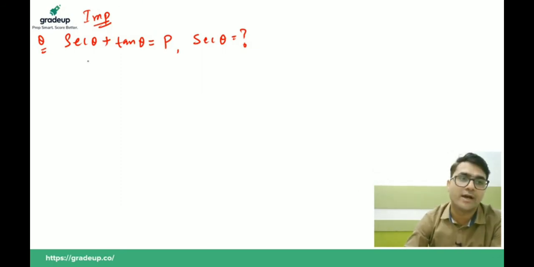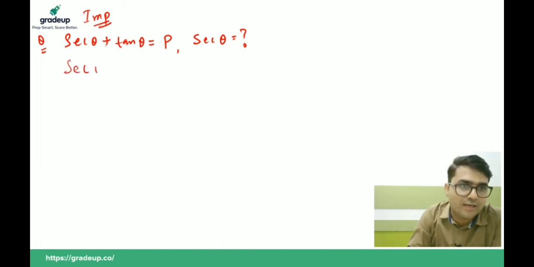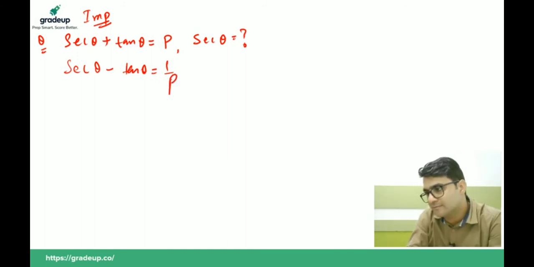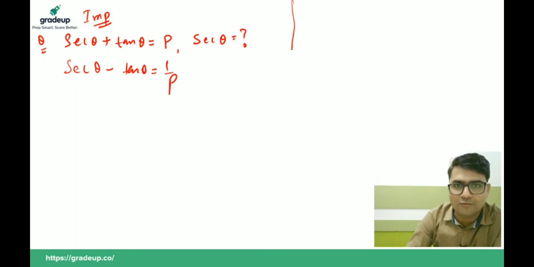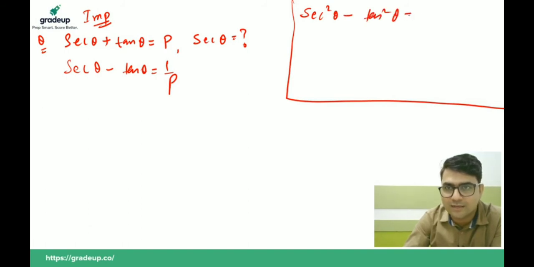Okay, now guys, whenever you are having sec theta plus tan theta equal to P, then you will always have sec theta minus tan theta equal to 1 by P. Okay, right? I will give you the proof of this, but in your exam you have to do it directly. As you all know, sec square theta minus tan square theta is 1.